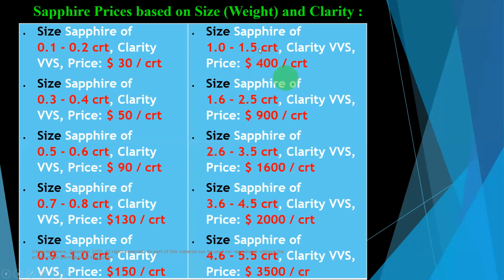Remember, for today's price, you have to add another 50% of this price. When you need to calculate today's price, add another 50% of this value. Then it gives the new value, today's value. So you need to take this as the base price for sapphires.